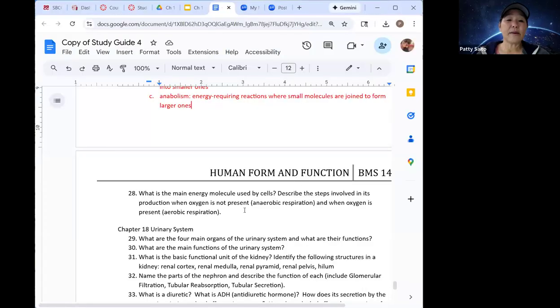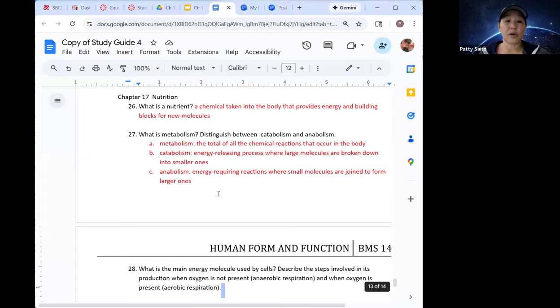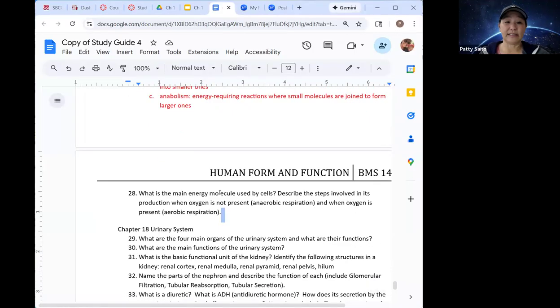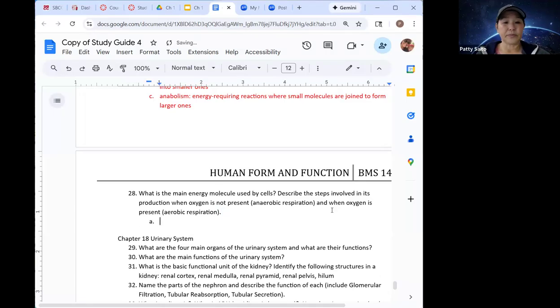All right, that leads into some processes. Let's take a look at what this means in our cells. We'll start with the energy molecule. What is the main energy molecule used in the body? Some of you may know this.